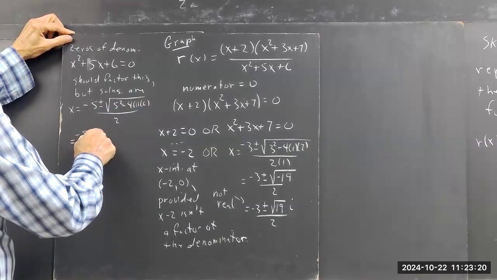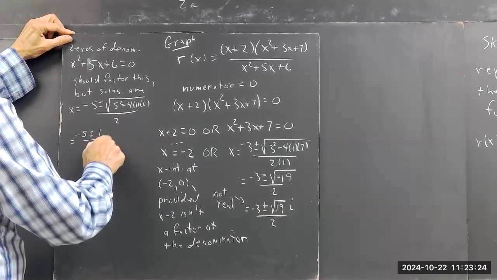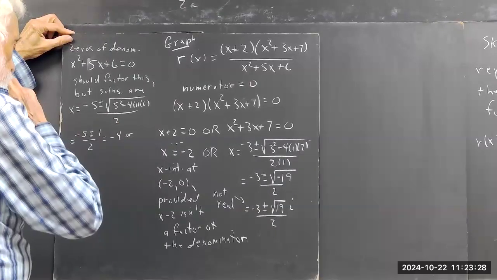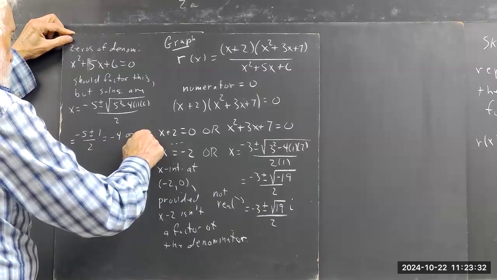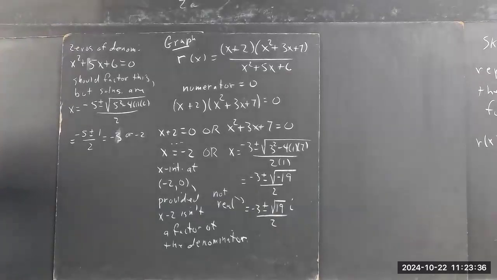That turns out to be -5 plus or minus 1 divided by 2. And that equals -2 or -3.